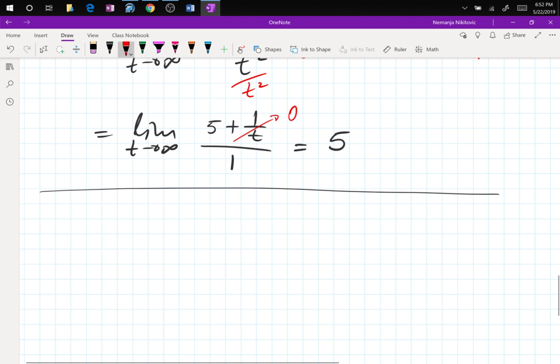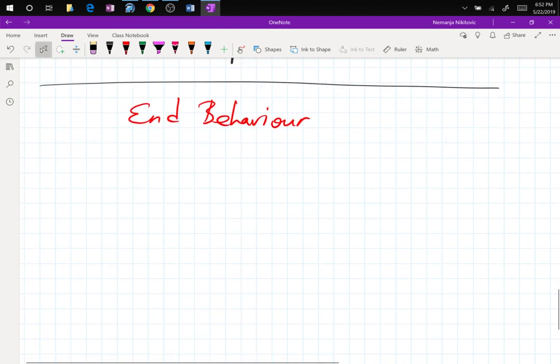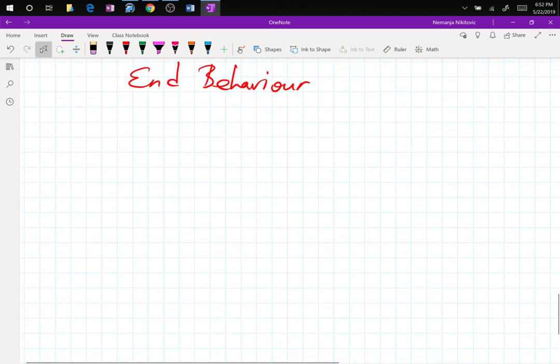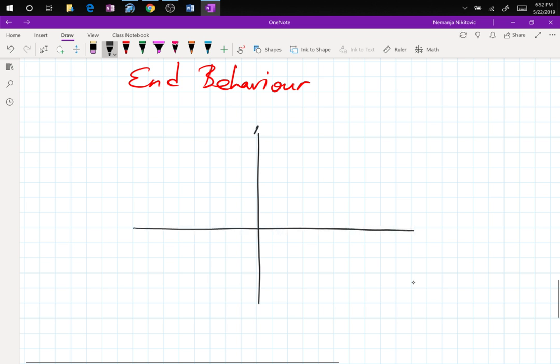End behavior is which direction the function goes to. Draw this in the center because we need to write in the four regions.